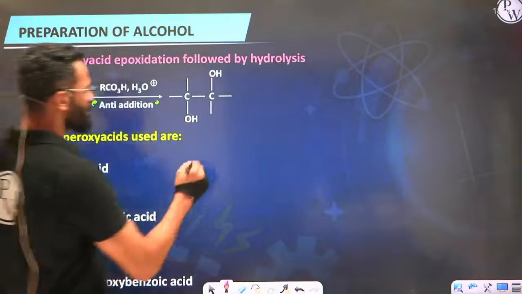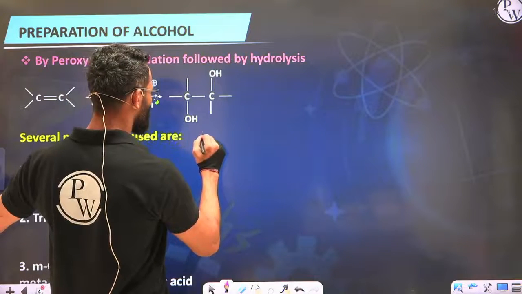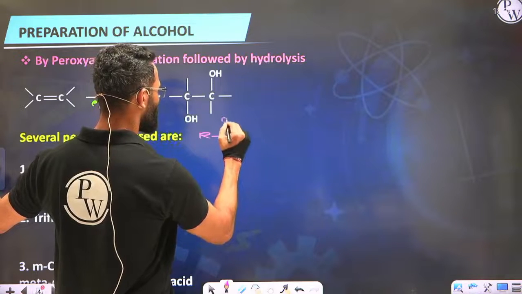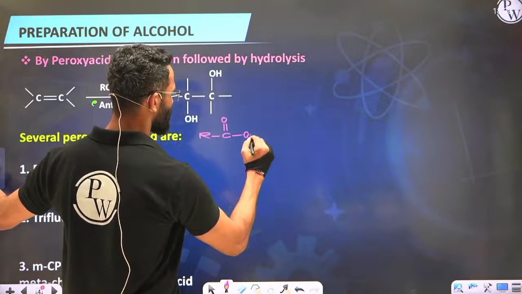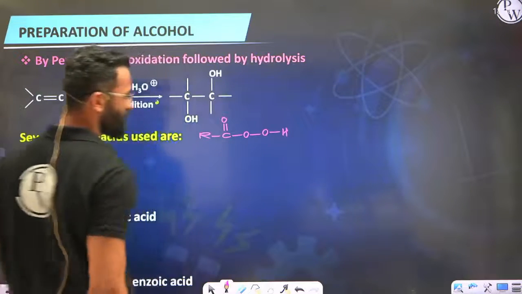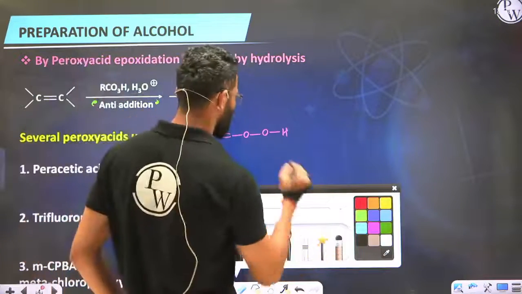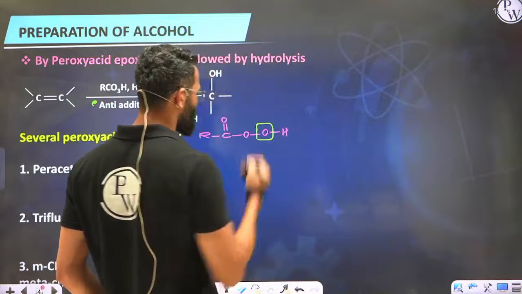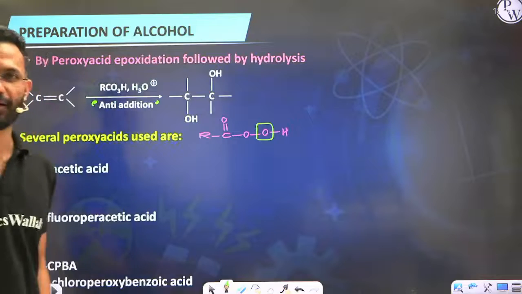Well, in general, when you talk about peroxy acids, we represent it like this: R, C double bond O, single bond O, single bond OH. All right. And in this peroxy acid, this oxygen is very, very important because this is the one which will help us carry out oxidation of the carbon-carbon double bond.